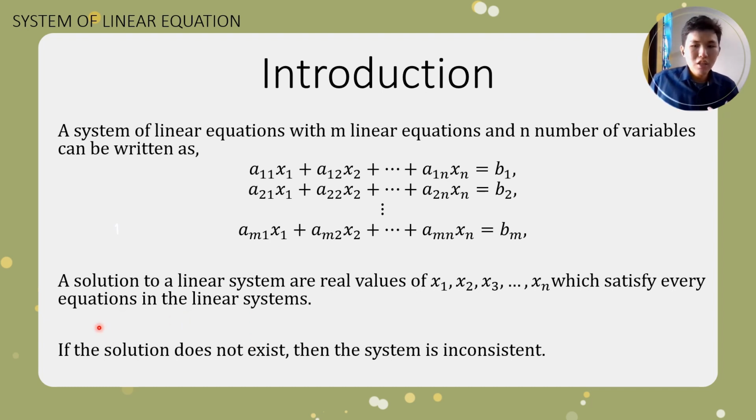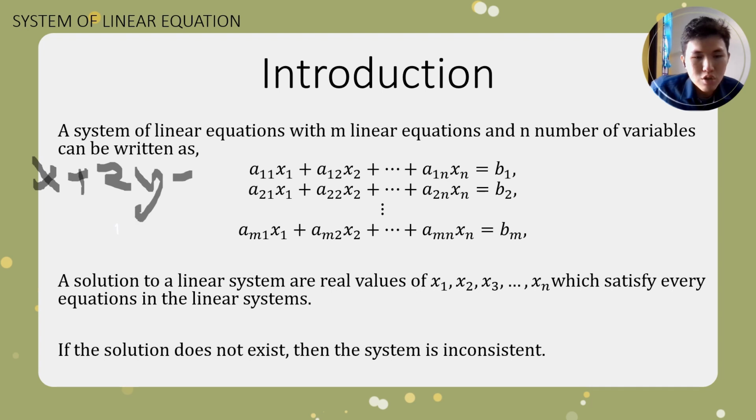A linear system has a solution with real values if it satisfies every equation in the linear system. How can we say it? So I give this x plus 2y equals negative 1. Okay, so this is our linear equation, right?